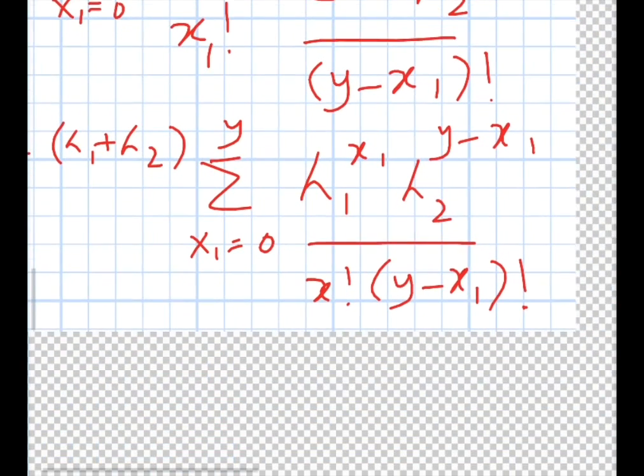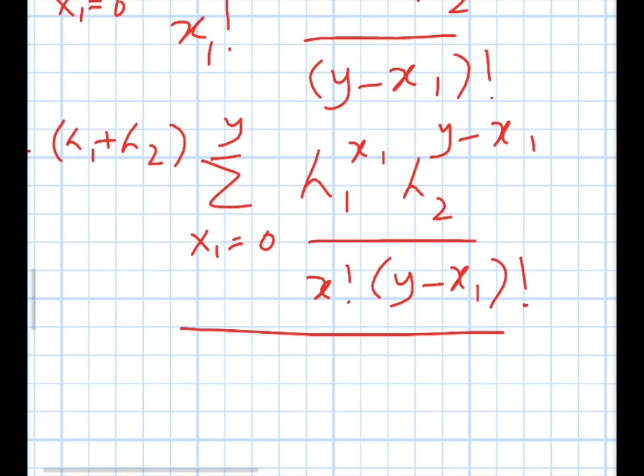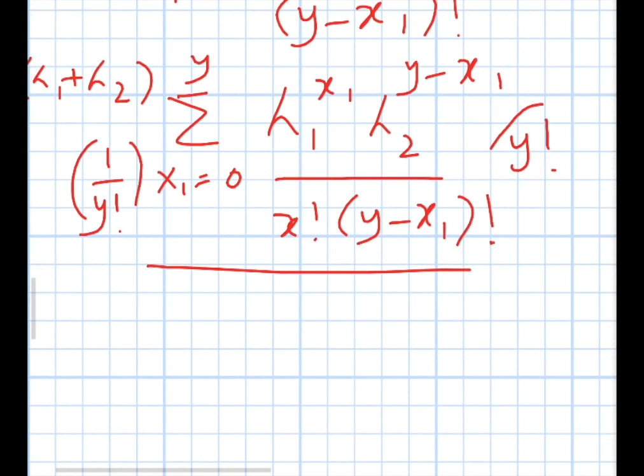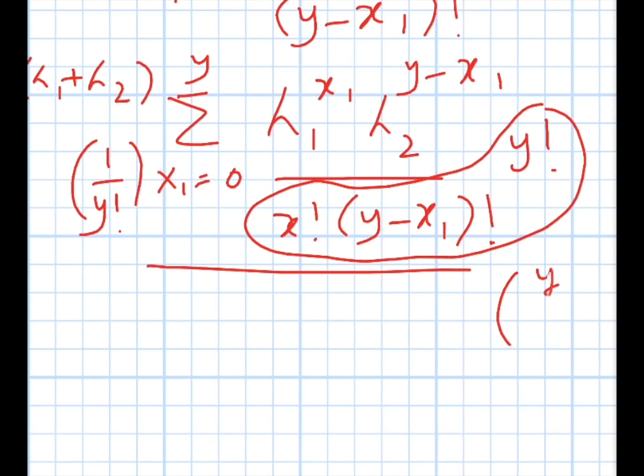Now for this summation, can I multiply by y factorial and multiply by 1 over y factorial here? I can do that, right? Okay, so then what is this term? This term is nothing but y choose x1.